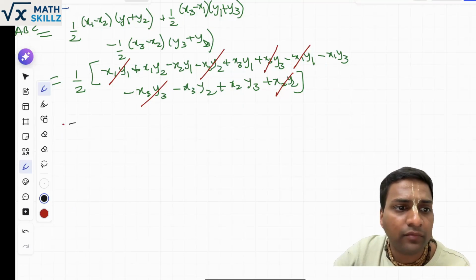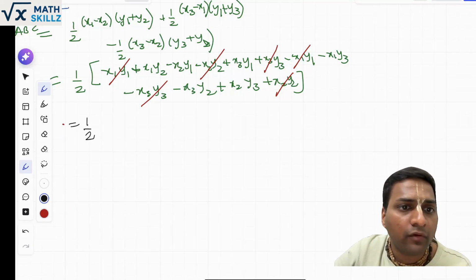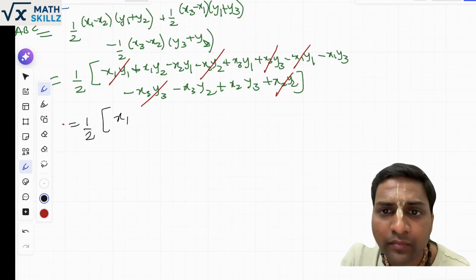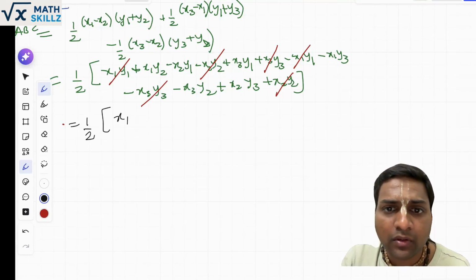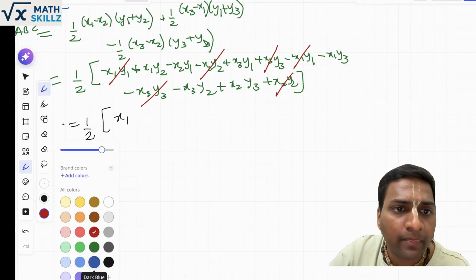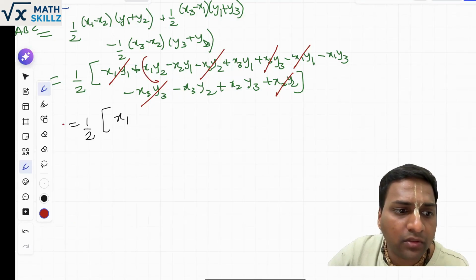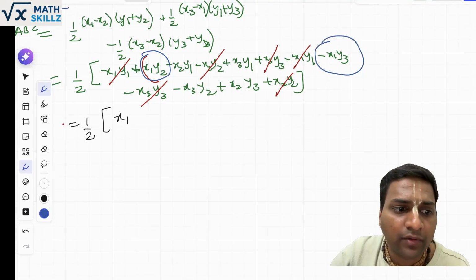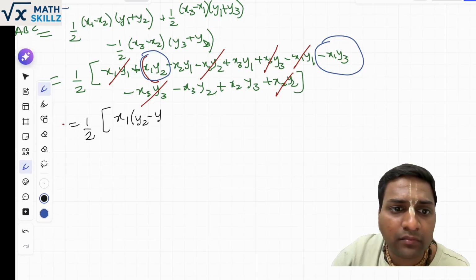So this is half of, so x1 is there here, and another x1 is here. I'll take x1 common out of these two. If I take x1 common, then it is x1 into y2 minus y3.